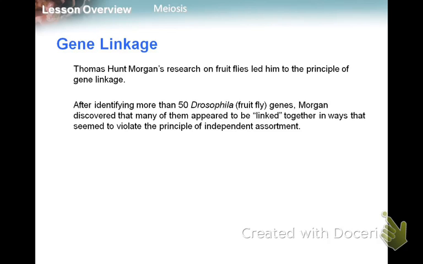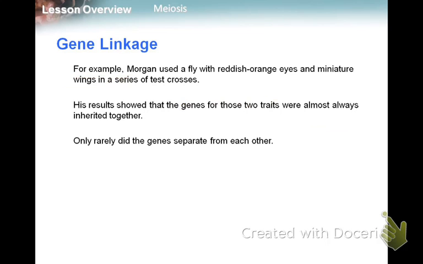We talked about the principle of independent assortment, that genetic traits assort independently of one another. And again, like I've said, there are exceptions. Thomas Hunt Morgan, we talked about the other day, studied fruit flies, and he came up with the principle called gene linkage. Some traits appeared to be linked together that violated independent assortment.